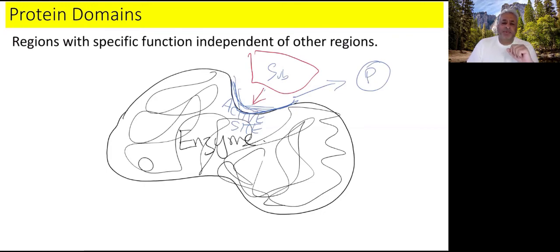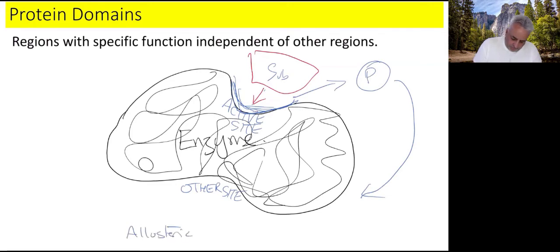But most enzymes also have other places on their surface that can bind other chemistry, or maybe this chemistry. So other sites are known as allosteric. Allo means other, steric means site.